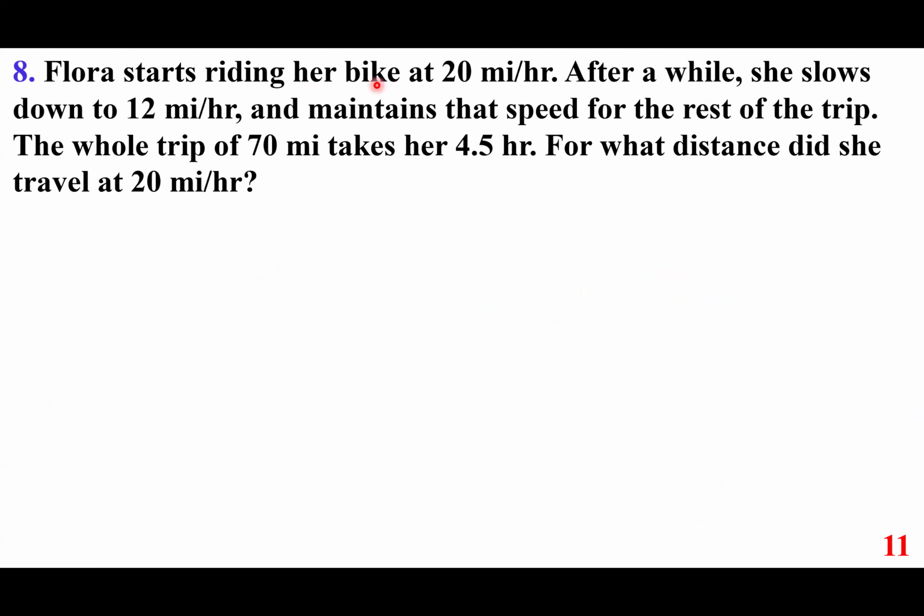Flora starts riding her bike at 20 miles per hour. After a while, she slows down to 12 miles per hour and maintains that speed for the rest of the trip. The whole trip is 70 miles, and it takes her 4.5 hours. For what distance did she travel at 20 miles per hour?